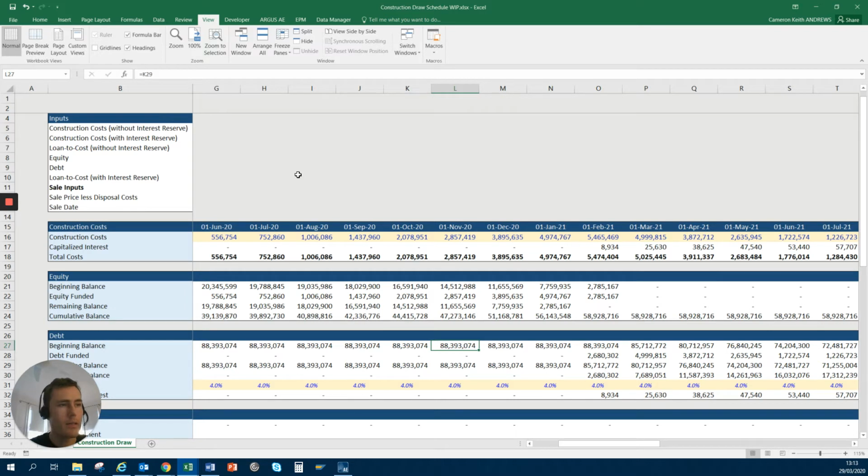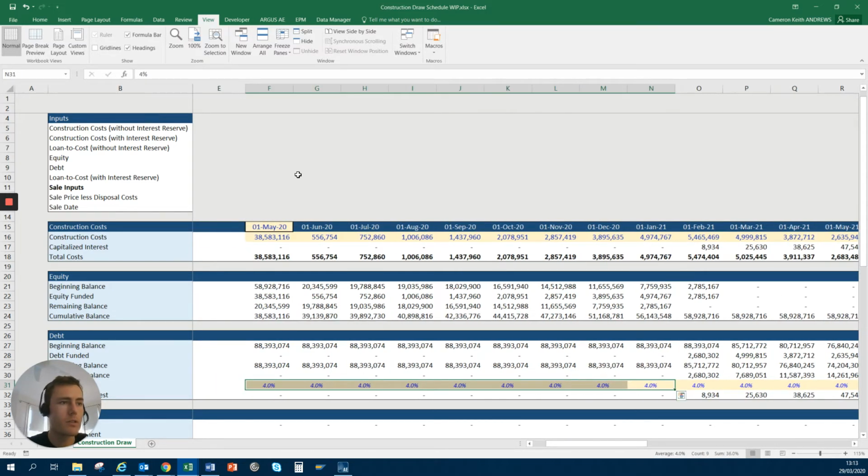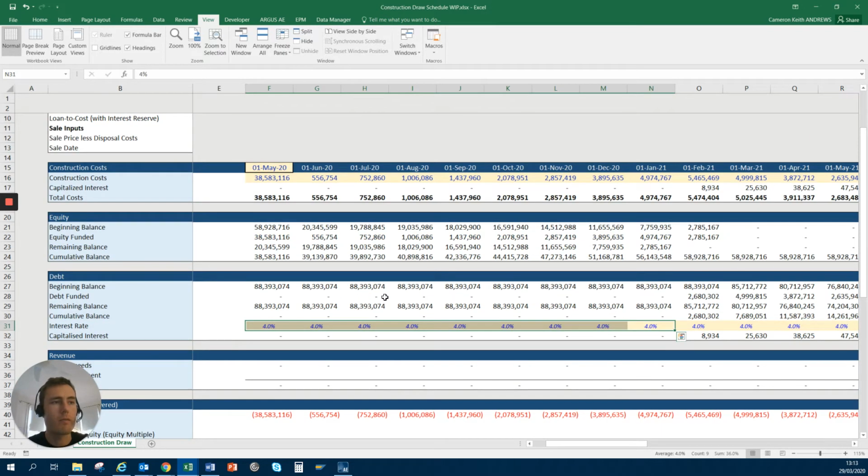If it were to be made slightly more realistic, you'd have some non-utilization cost. What that means is that during this period here, the first, call it 10 to 12 months in this model, where you've had the funds from the lender committed, you will be charged a fee for not utilizing it.